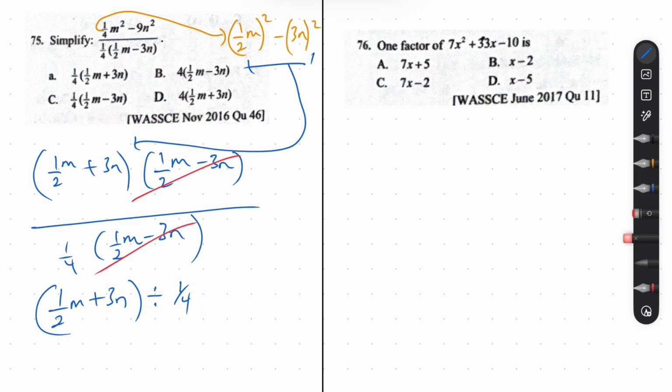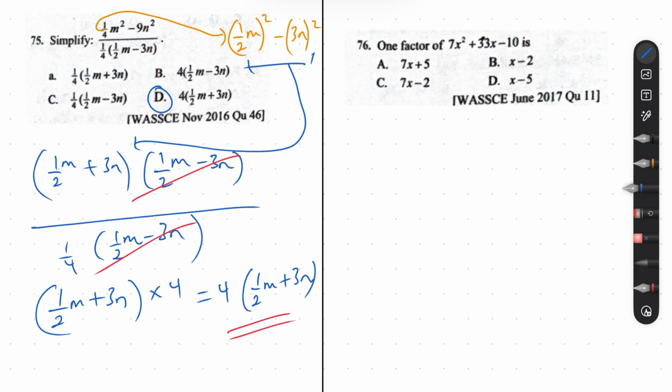When we do that, the 4 would come up, the fraction here will flip. So finally our answer will be 4 multiplying 1 over 2m plus 3n, and that is our answer. Do we have it? Yes, it is D. D is our answer.